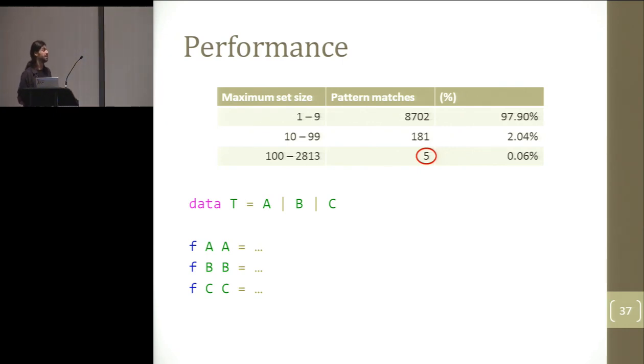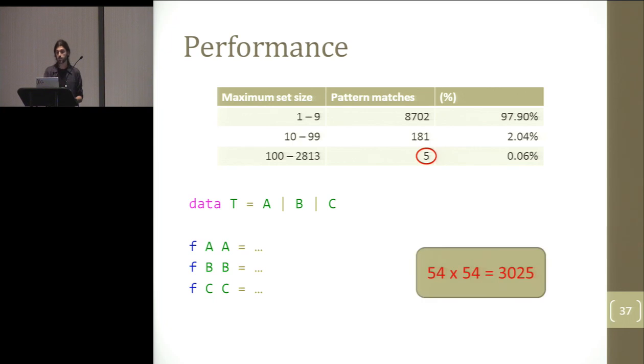What happens in this case is that we have a quadratic number of cases, and there were 5 pattern matches on the same data type, which had 54 different data constructors, which gave rise to over 3,000 different cases. Well, it's not our problem exactly, it's the problem itself. It's proven to be undecidable, it's proven to be NP-complete anyway.